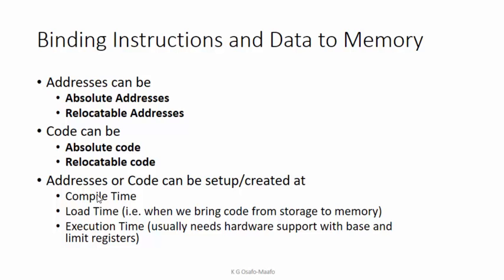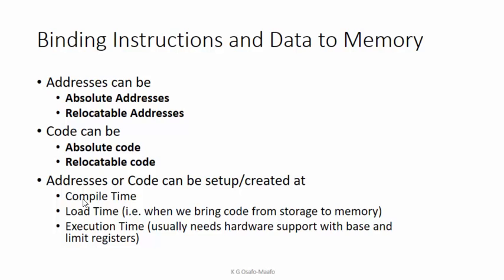Binding would mean that we are going to assign your variables or your locations to some addresses. If we do this binding at compile time, often it has to be absolute code, because at compile time we may not know. So at compile time someone says, when you're compiling, I want to know the address. That's the idea of binding. I want to know what the address is. But if you're going to do that at compile time, the only thing you can do really is to do absolute code.